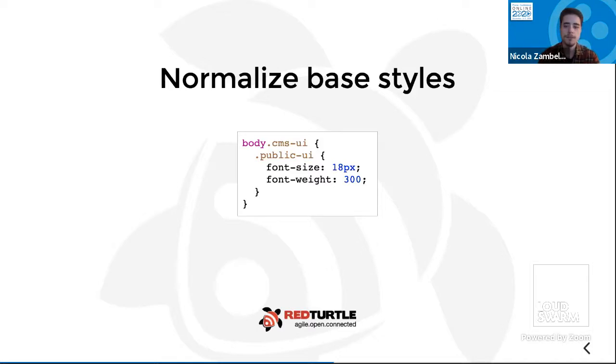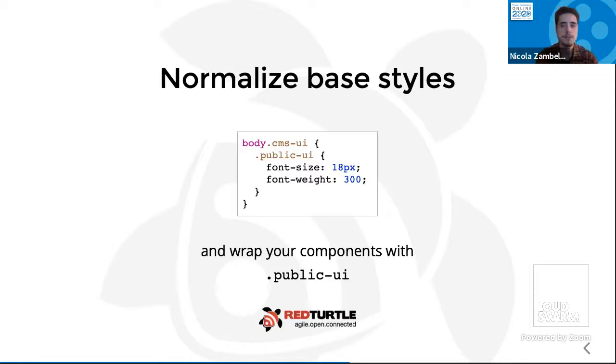So wrap your components with public UI, for example for blocks views. While you're in editing views, you have the body CMS UI class applied to the body element, but your blocks or your custom views from Bootstrap have the font size normalized.